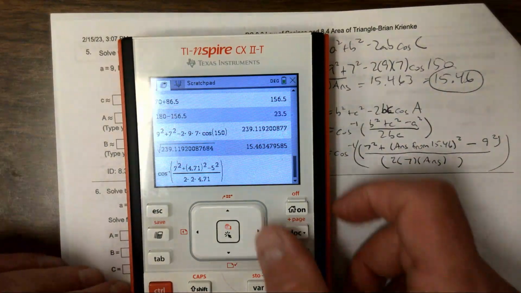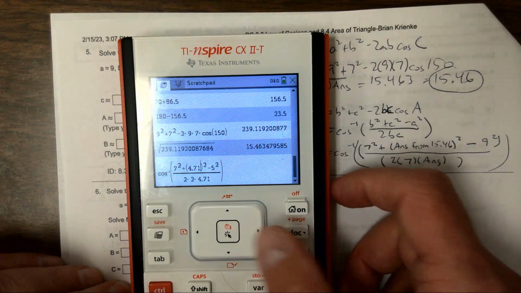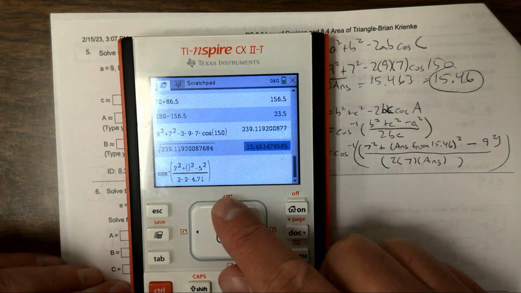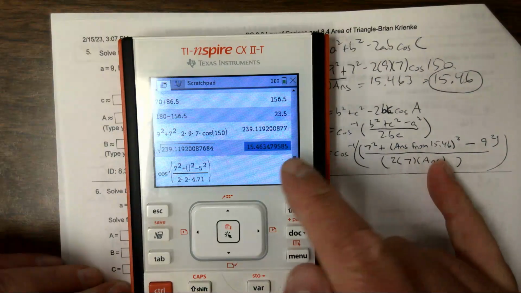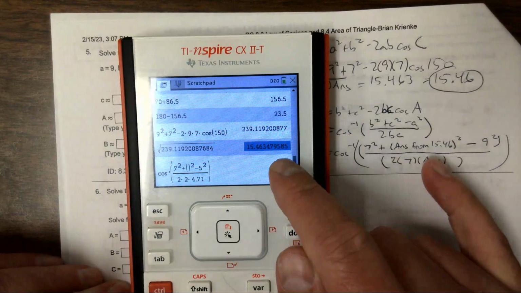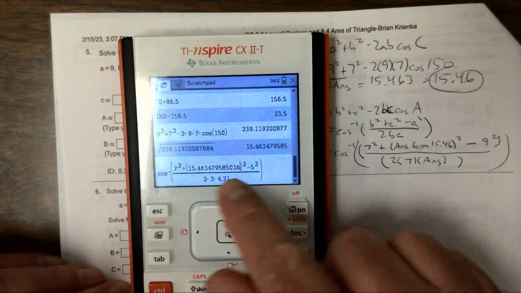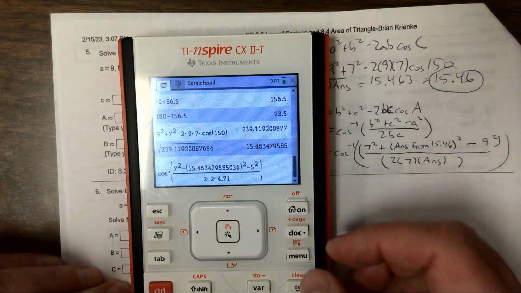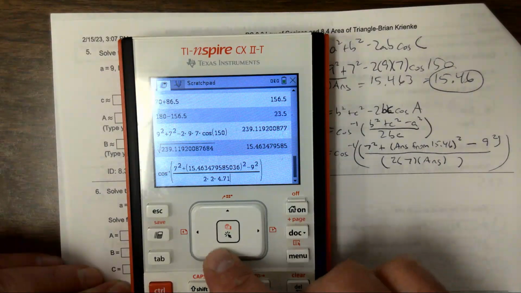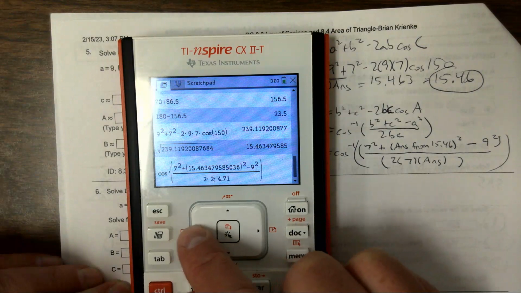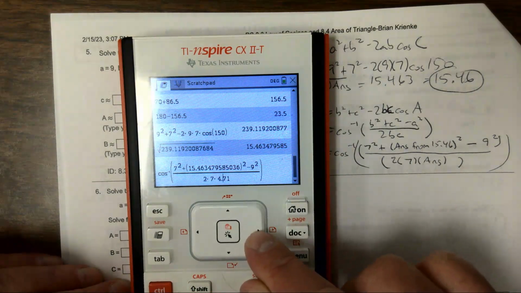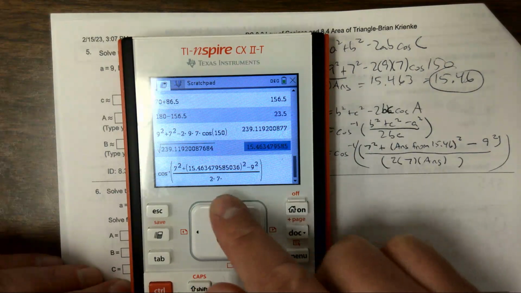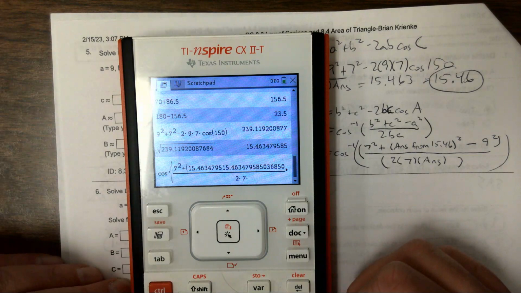So this one has a 7. This one I need to put my answer button, which looks like 15.46, so it's there. Notice it's highlighted so I can press enter and it throws it in there. And then this needs to be minus 9 squared. And this needs to be 2 times 7. Delete this part and throw this in there. Oops, oh shoot.